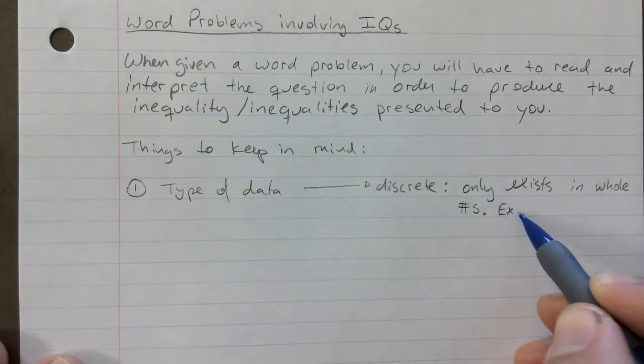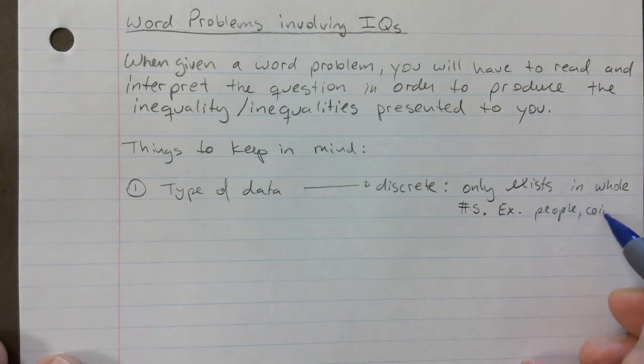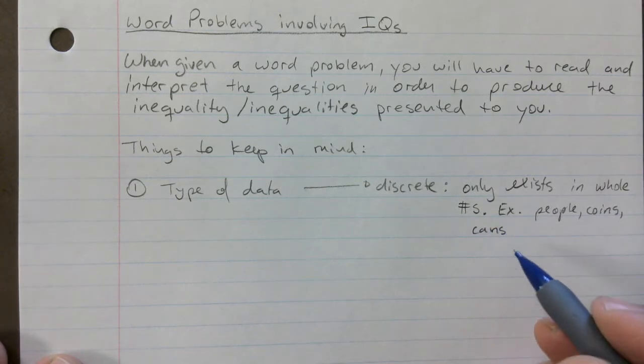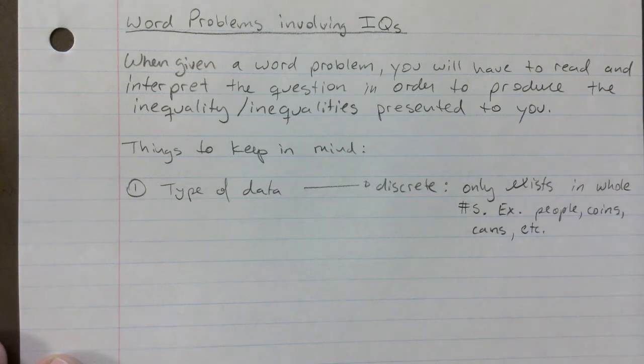So for example, people, coins, cans, etc. Right? So number of things, number of items.